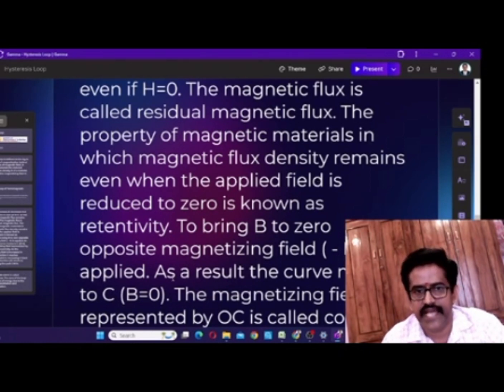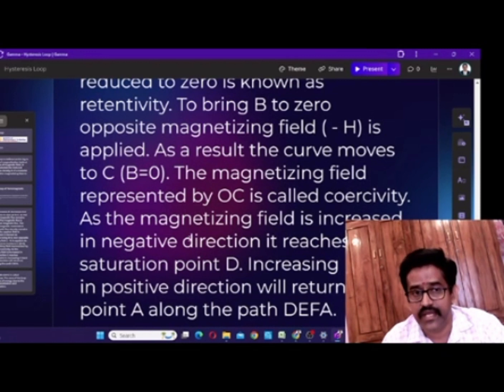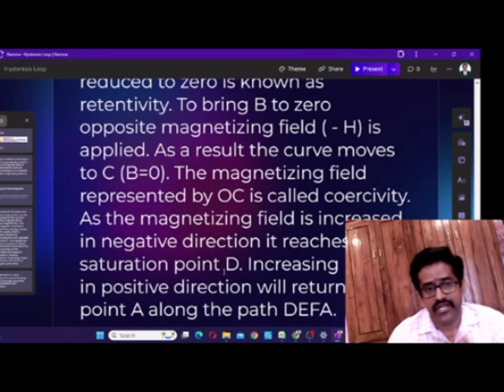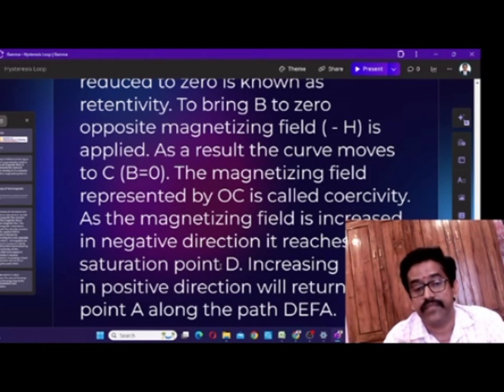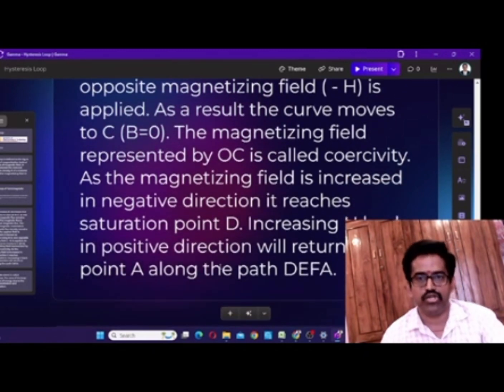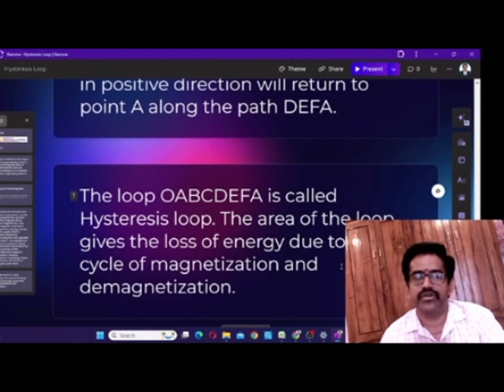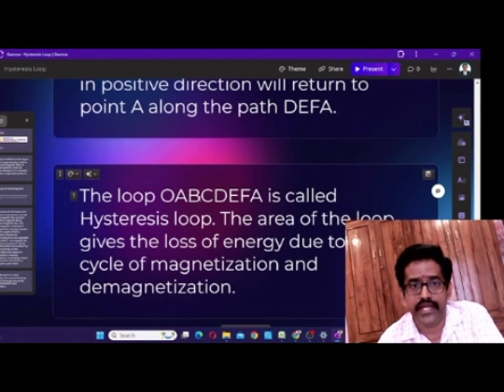That point is known as the coercivity. At point D, as we further increase H in the reverse direction, the magnetization increases in the reverse direction, and this is known as negative saturation. Further, if you increase H in the positive direction, the path goes from D, E, F to A, where again we observe positive saturation. The loop O, A, B, C, D, E, F is called the hysteresis loop.